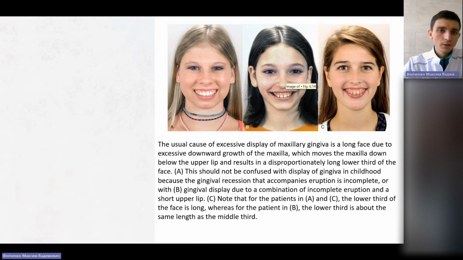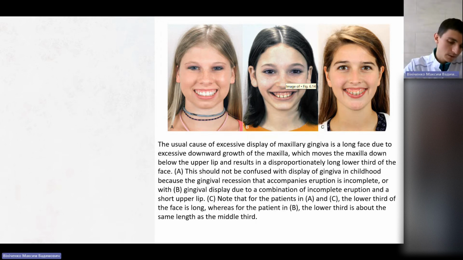To treat these patients, we use special orthopedic treatment. We use it at the age of 11. If we talk about girls, the peak of growth comes at the age of 11.